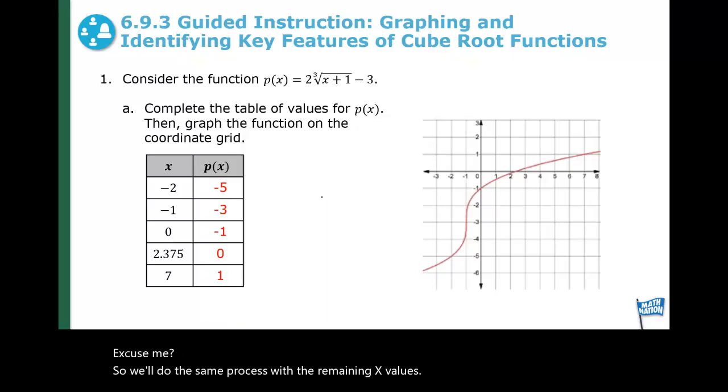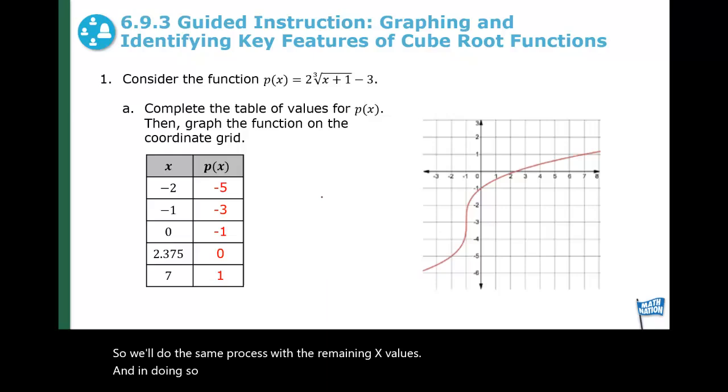And in doing so, this is what your graph will look like after getting all the points to complete that table. -1, -3 would be right here. -2, -5 would be right here. 0, -1 would be here.